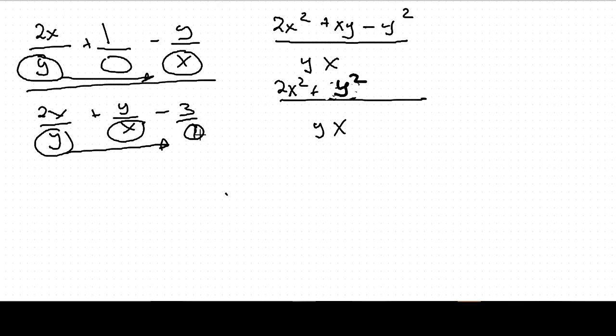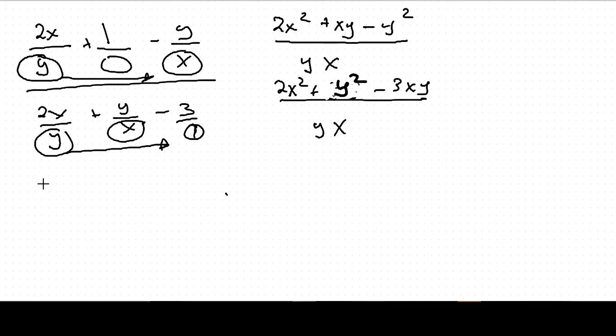And then this one doesn't have either one of them, so this is minus 3xy. 3xy. I'm going to reorganize this so it's written the same way that one's written.